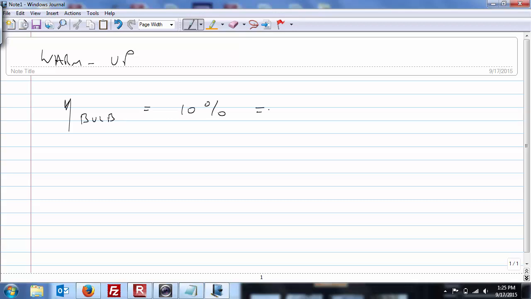We know 10% efficiency, right? So I just wrote down the efficiency of the bulb is 10%, so that's our first bit of information. Okay, keep going. We know there's five light bulbs.